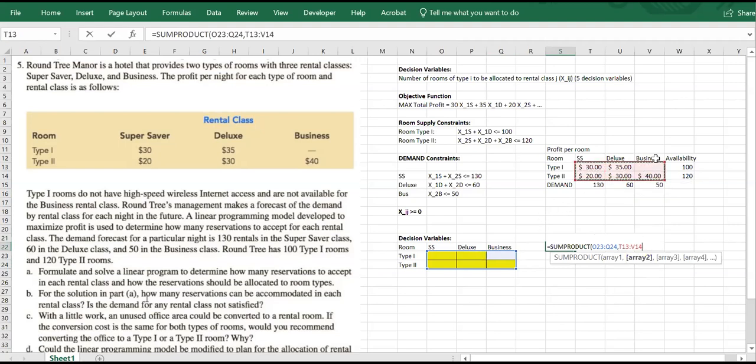I'm including this one too, the last one, which is empty. It really doesn't matter because at the end of the day, when I'm putting my changing variables in the solver, I'm not going to include this one. And it's just shorter to use sumproduct once without this one.